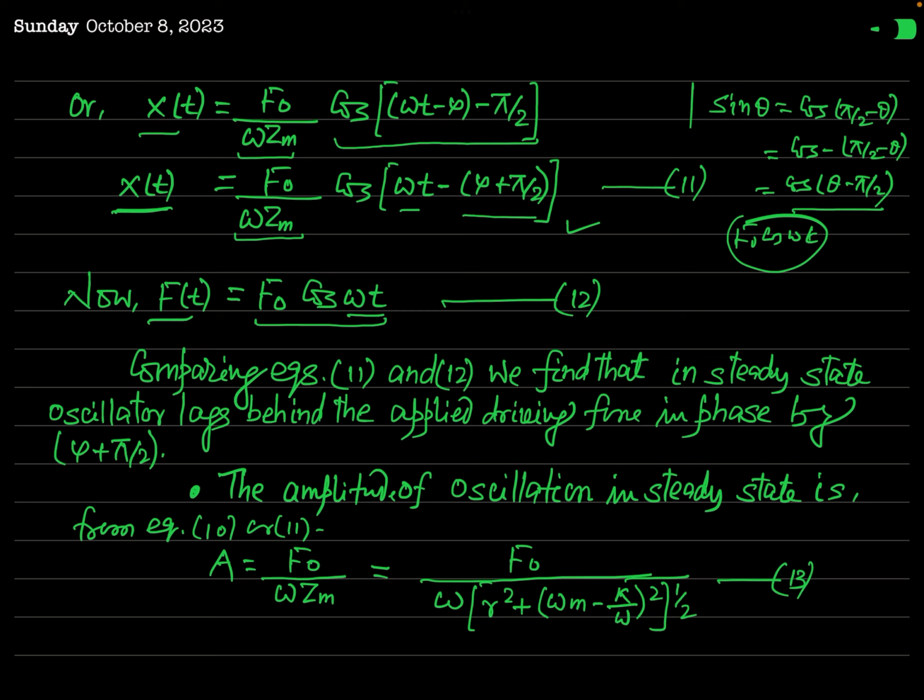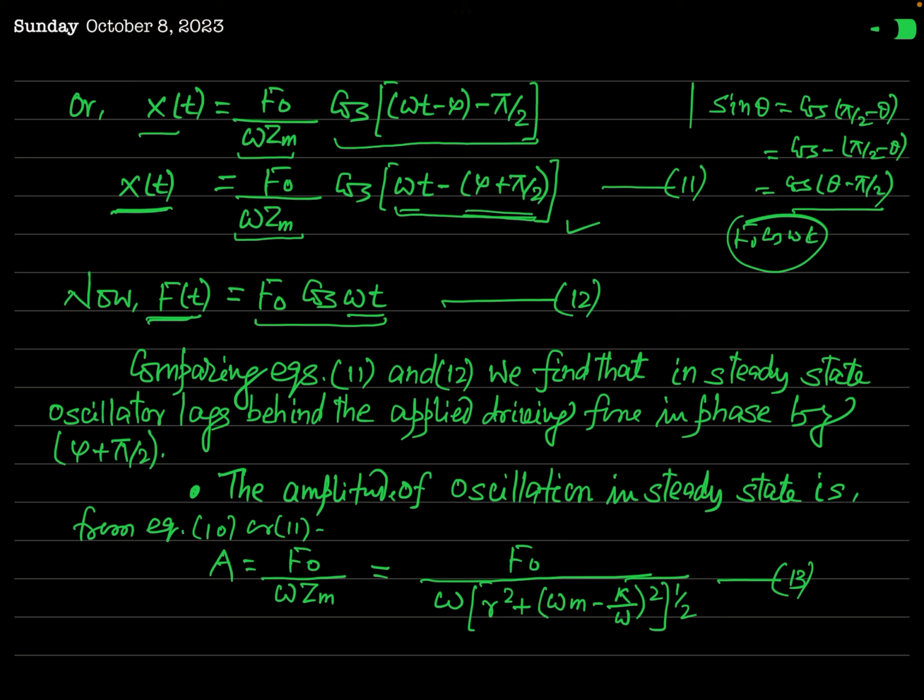But when I ask what is the phase of oscillation of our oscillator at time t, your answer will be omega t minus phi plus pi by 2. So it is obvious that our oscillator and the applied driving force are not oscillating in the same phase. Their phase differs by phi plus pi by 2.